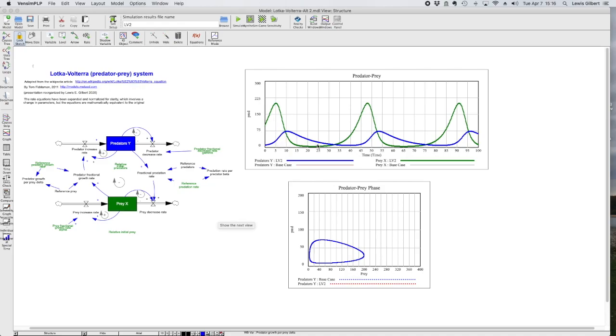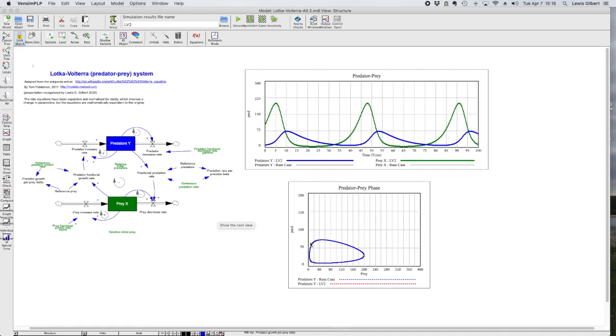So if we start, let's say at time 20, the number of prey is very low. It's somewhere back in here, while the number of predators is slightly higher. So that would give us a dot. Let's take this one because it's easy, 75 and 75.